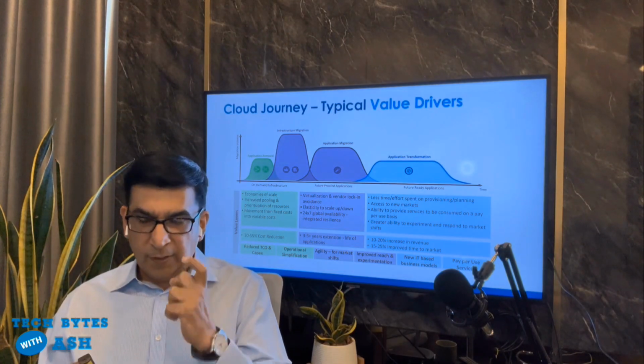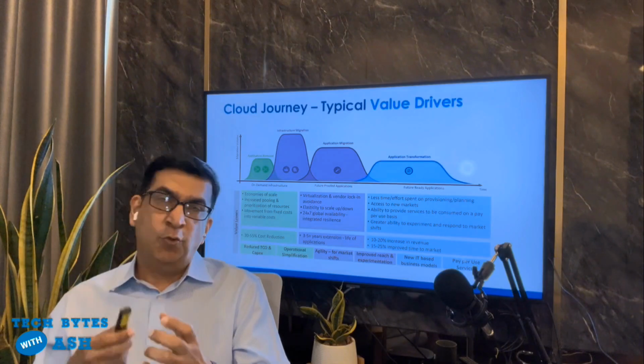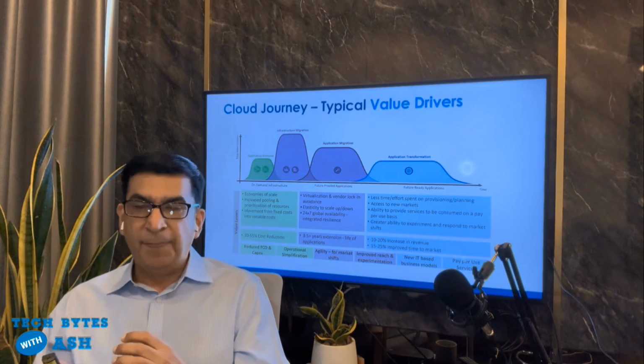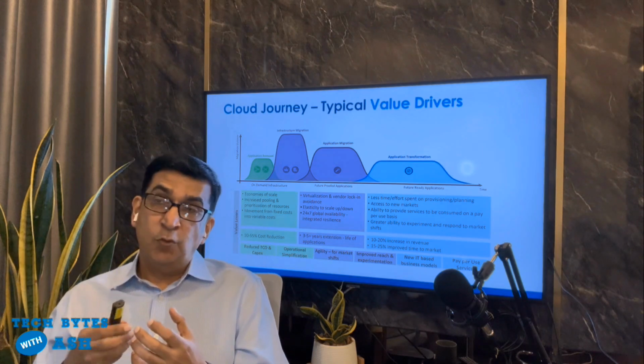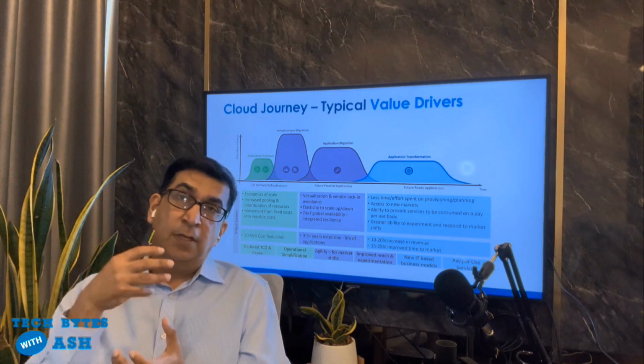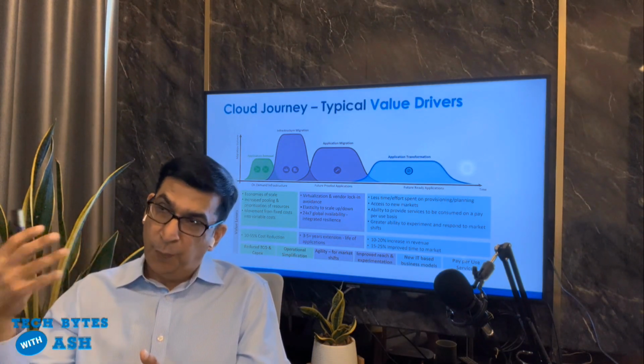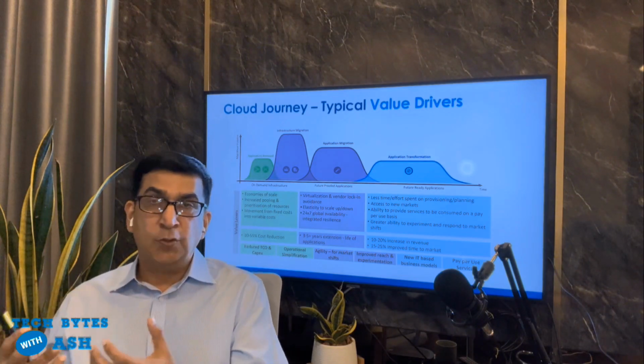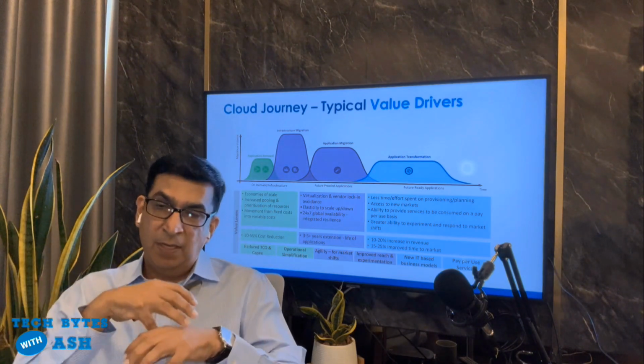So that was what is called the elasticity of demand, that you could gauge and convert some of your cost models from CapEx to OpEx, as well as you didn't have to do a lot of the things that I mentioned: server maintenance, putting new licenses, putting new patches, or having people to maintain that. So you're saving some of that, right?